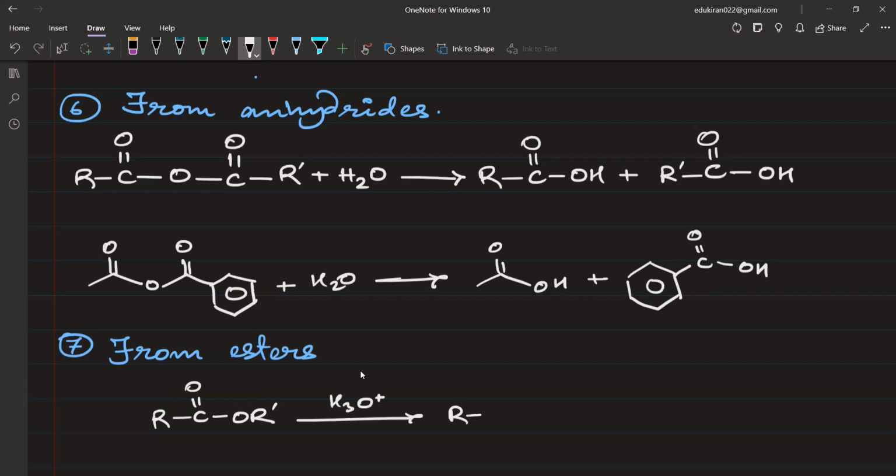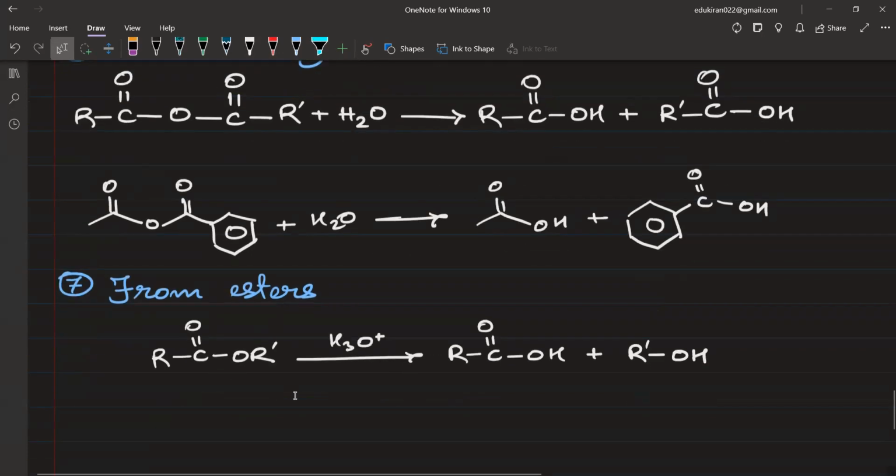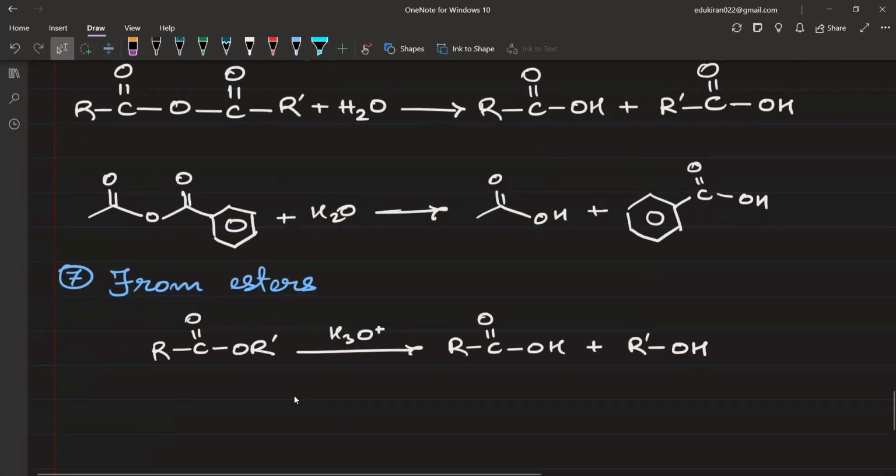You will get R, C double bond O, OH plus R dash OH. Okay, so this makes the carboxylic acid, and this part makes the alcohol.